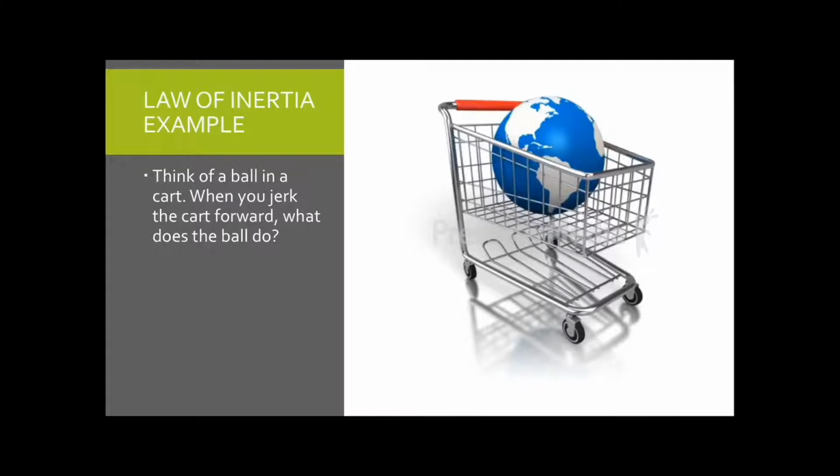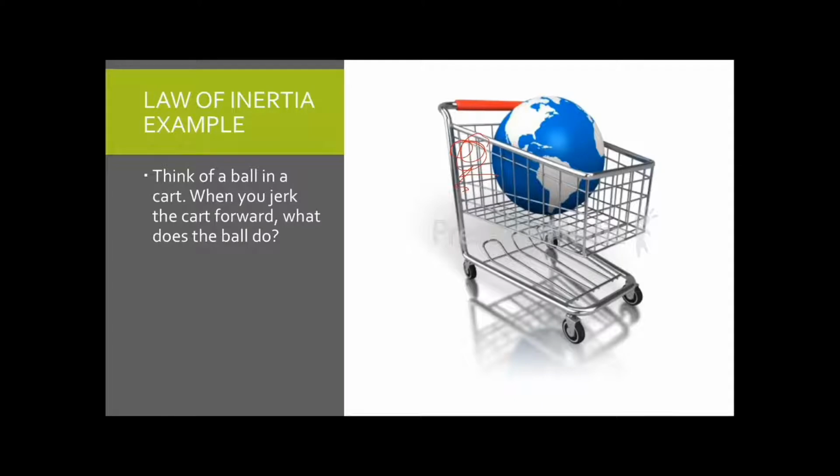Now what about this one? So think of a ball in a cart. If you've ever walked around Walmart, you're buying a ball for your little sibling, and all of a sudden you decide, you know what, I'm going to be funny, and you jerk the cart forward. What happens to the ball? Well, generally, you see the ball hit the back of the cart. And that's because the ball is at rest and it wants to stay at rest.